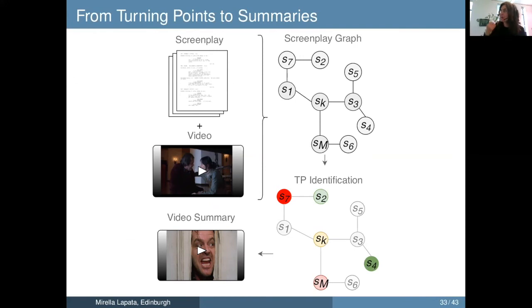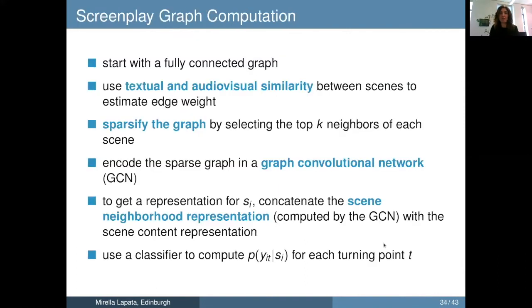So the model now slightly changes. It's not this sequence by sequence by LSTM. We have an underlying graph, which I will have to encode somehow to make predictions. And once I have these turning point identifications, I can produce a video summary by traversing the scenes and concatenating together the scenes that have been identified as turning points.